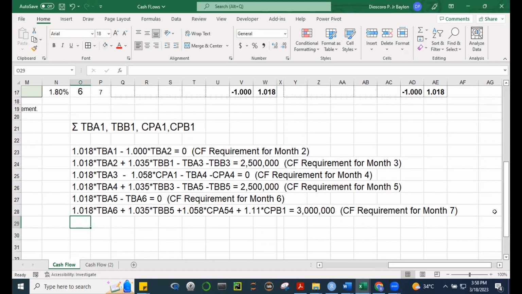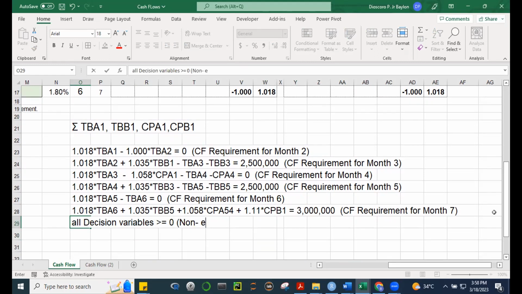Let me just set all decision variables greater than or equal to 0. So this is your non-negativity or logical constraints.